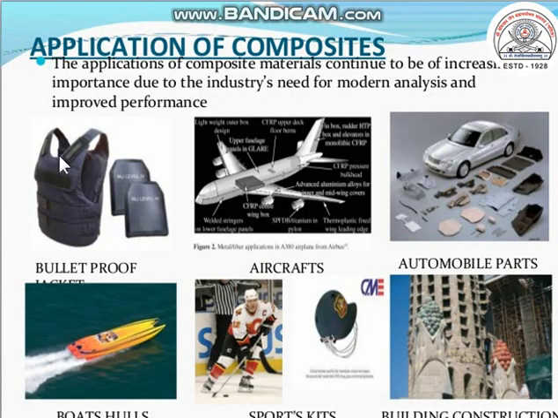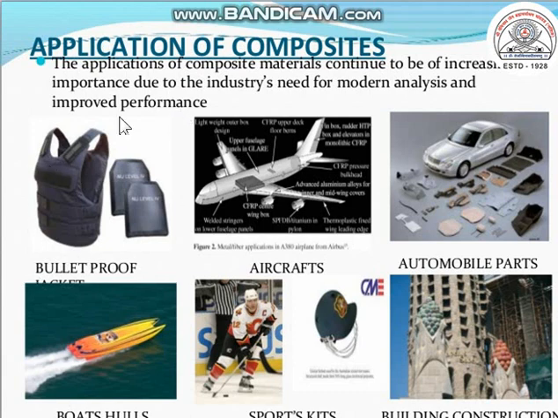Then applications of composites. From this diagram we easily understand the applications, and there are a huge number of applications of polymer composites. Day by day the use of composites increases due to industry need for modern analysis and improved performance. In day to day life we use many different things.